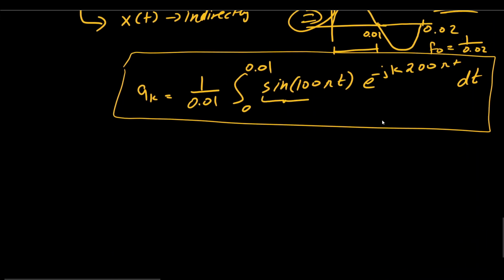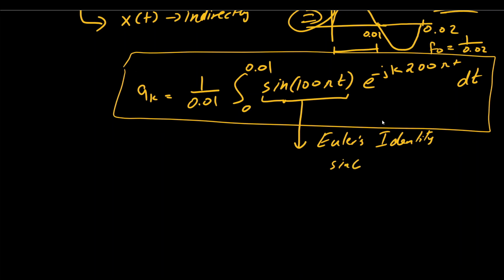So we know that this sine function can be broken down by means of Euler's identity. That is, sine theta is 1 by 2j times e to the plus j theta minus e to the minus j theta.